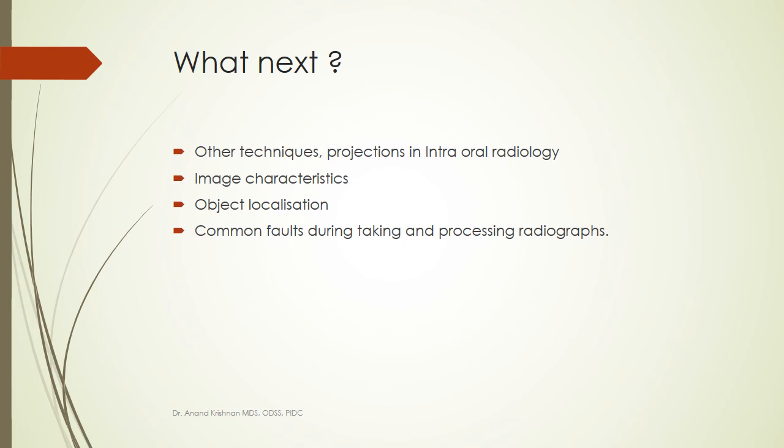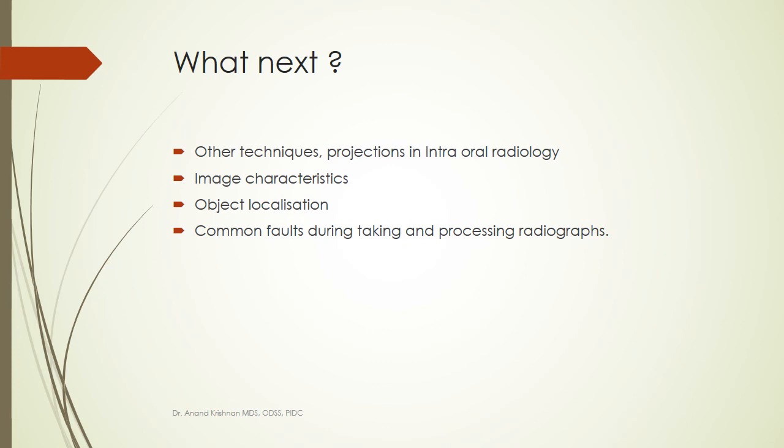What are the various chemical agents, that is developer and fixer, that are used, and what are the two methods that are there: the visual method and the time temperature control method. Let us talk a little about the difference. I know this is quite a long lecture, but please bear with me.